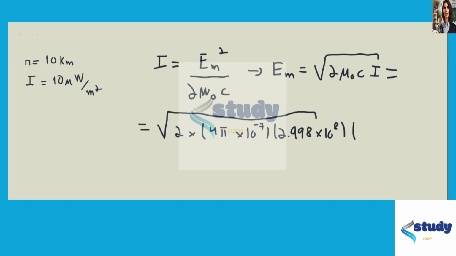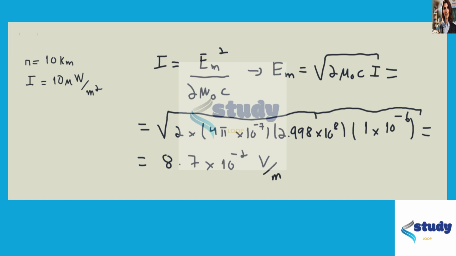And the intensity that we got, 1 times 10 to the minus 6. So everything inside the square root. And this gives us an electric amplitude of 8.7 times 10 to the minus 2 volts per meter.